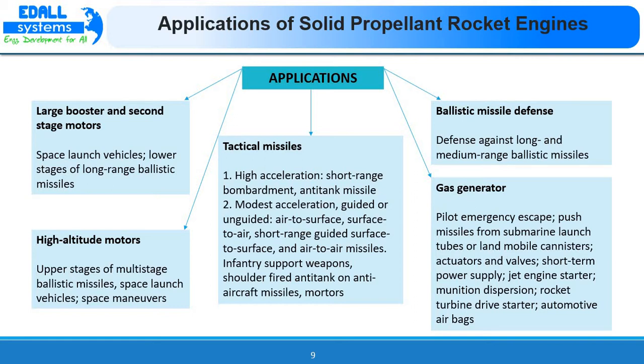So these are various applications of solid propellant rocket engines, which mostly include the defense part, because as we have seen, the feature of solid propellants is that once ignited, it will burn at a predetermined rate, and termination of the thrust is very difficult in solid propellant rocket engines. Once it is fired, it will completely burn the grain and then it will stop.